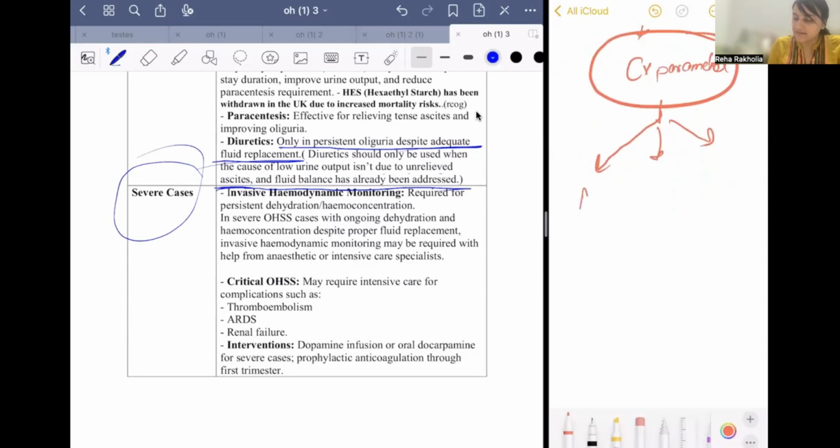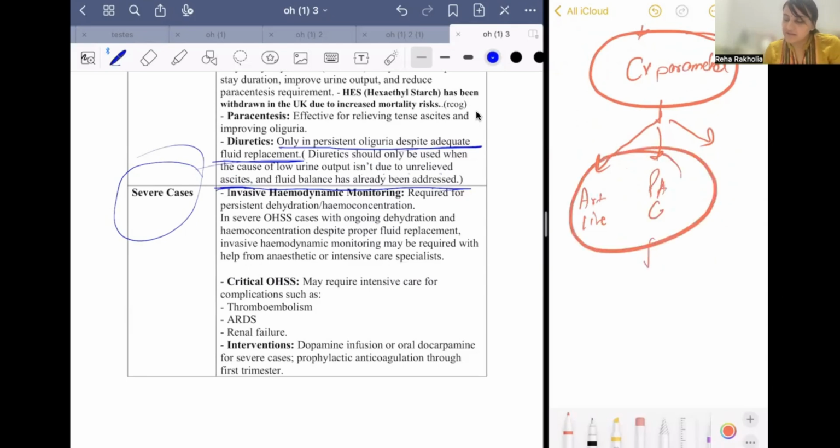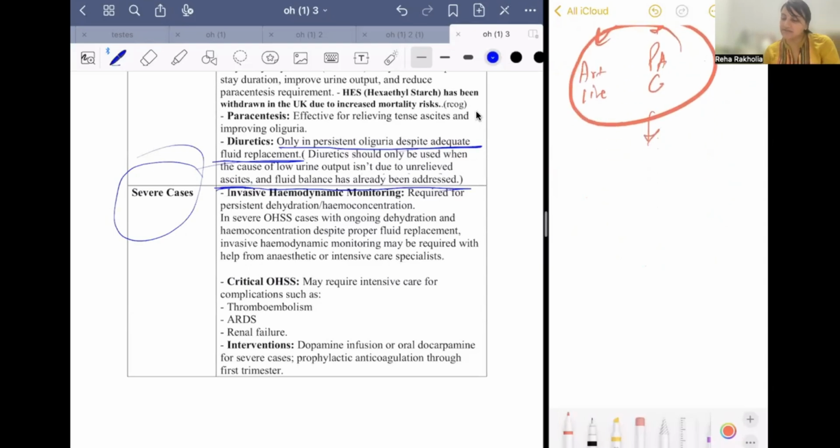What will be inserted? There may be an arterial line, pulmonary artery catheter. This type of monitoring is crucial in critically ill patients such as those with severe OHSS, where fluid status, blood circulation, and organ perfusion must be carefully assessed and managed.